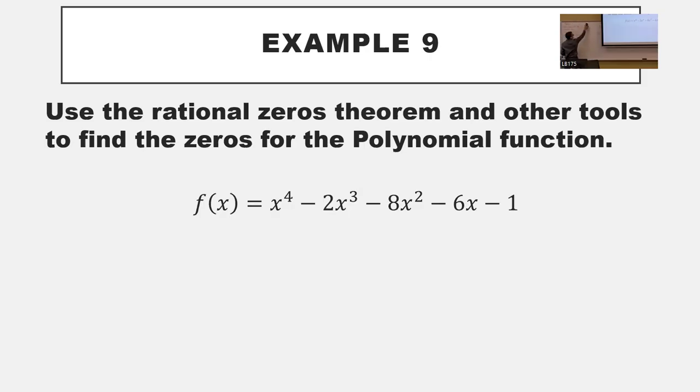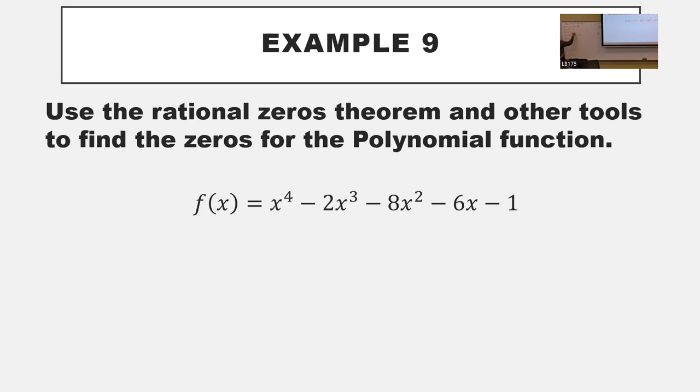X to the fourth, so my polynomial function has output of x to the fourth minus 2x to the third minus 8x squared minus 6x minus 1. If I'm looking for the rational zeros theorem, I look at my constant, which is a -1.